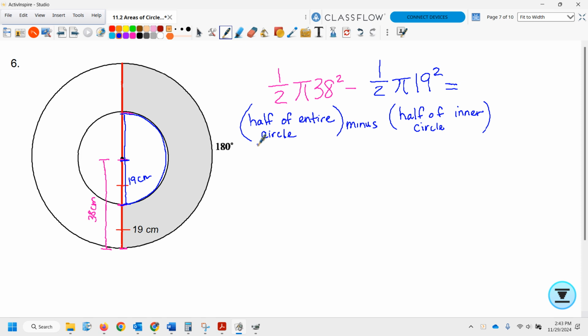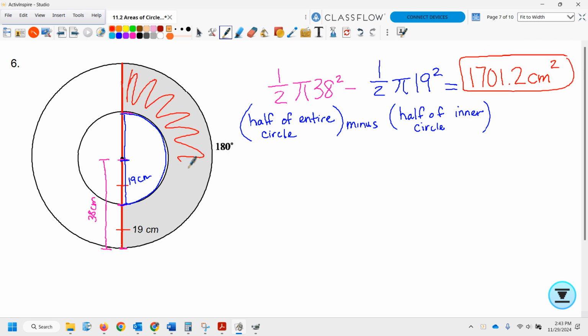It's 1,701.2 centimeters squared. That's all of this. Right? All of that. That's just that part. It's like half a donut. Okay? That's probably what I should have written. We took half of the whole circle minus half of the inner circle equals half a donut.